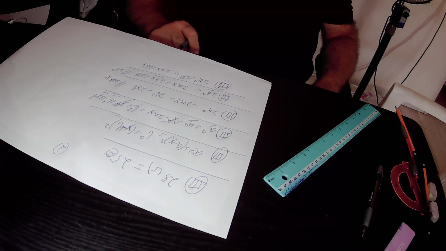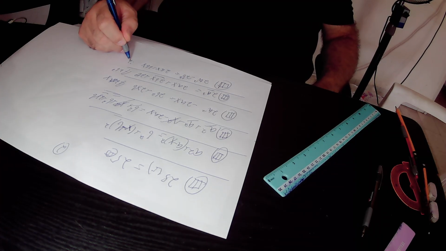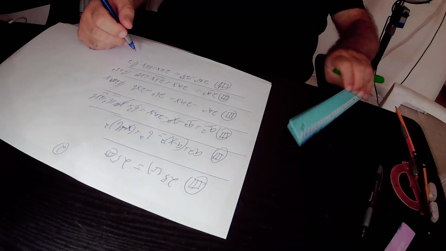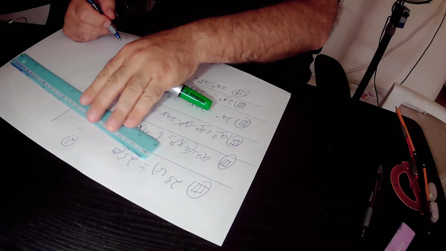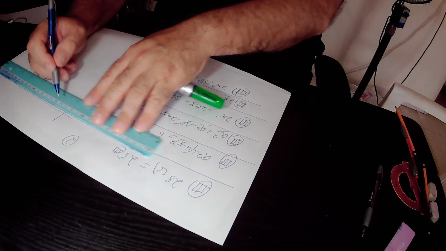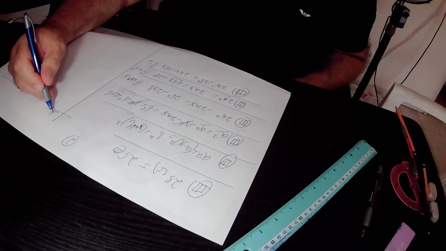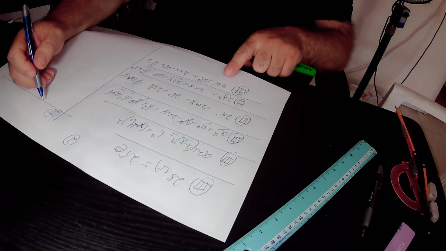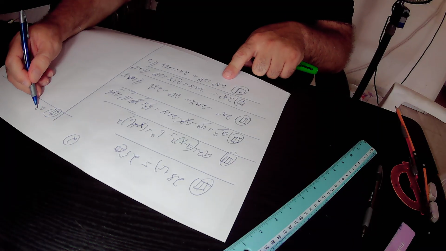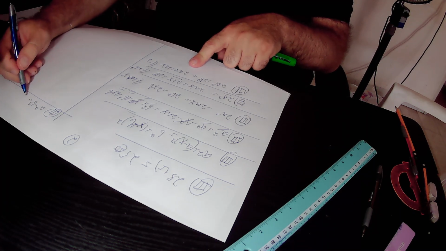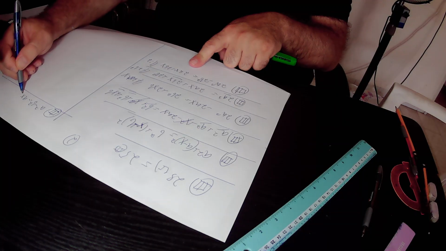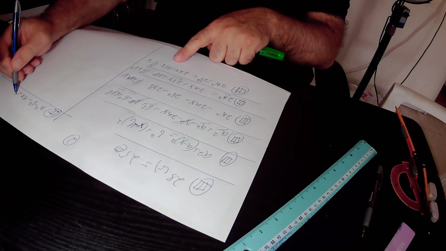Here we divide equation 3 by 2, and we get that 2A squared over 2 is A squared, minus 2B squared over 2 is minus B squared, and it equals 2AX over 2 is AX, plus 2BX over 2 is BX.